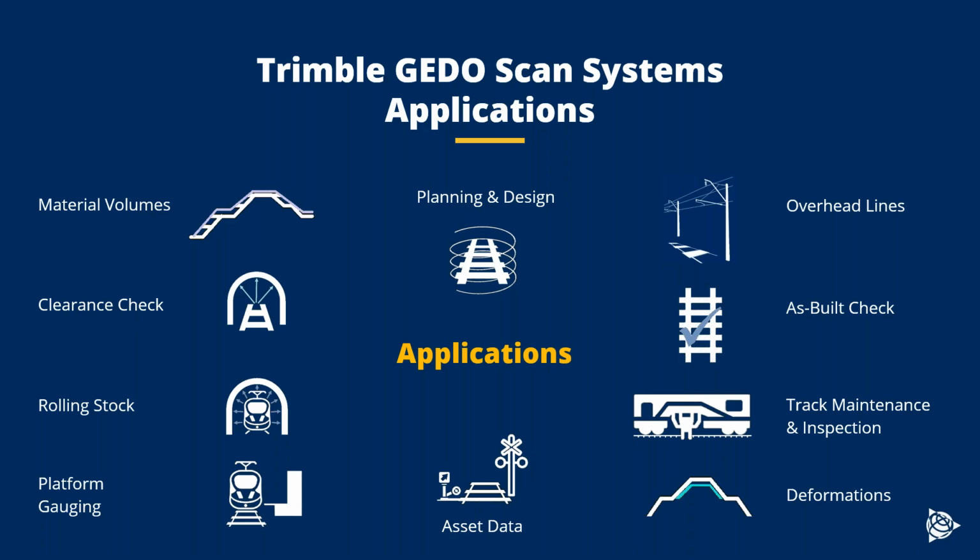Then we talk about other applications like as-built check of the existing track, as-built check of the overhead lines, monitoring or checking of the materials before and after the construction, so sediment, and asset data collection for CAD and GIS systems.